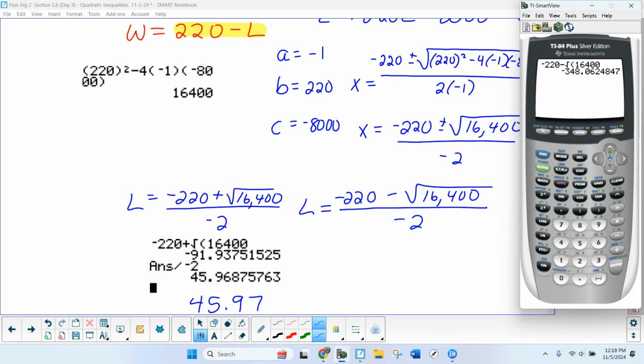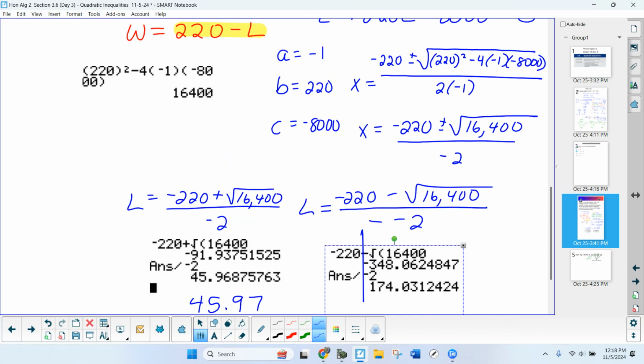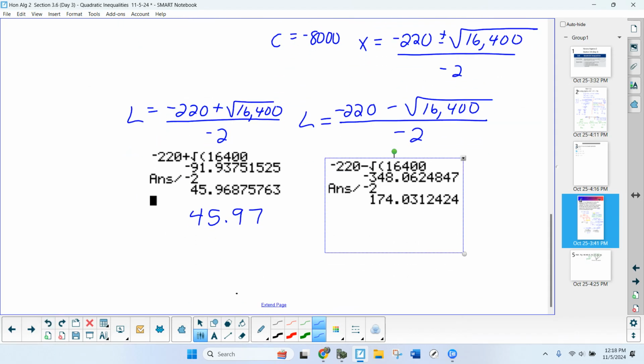Hit enter. Divided by negative 2. What did you guys get for the other critical value? 174.03. So the other one is 174.03. So these are your two lengths.